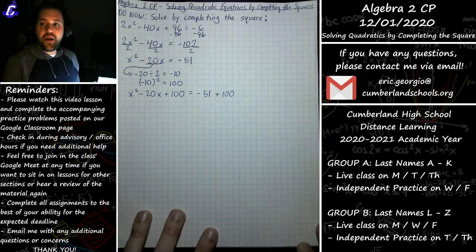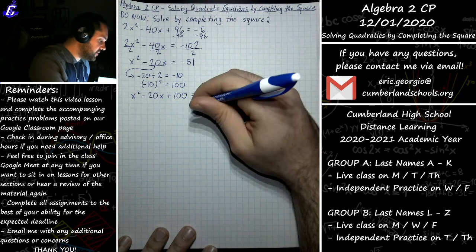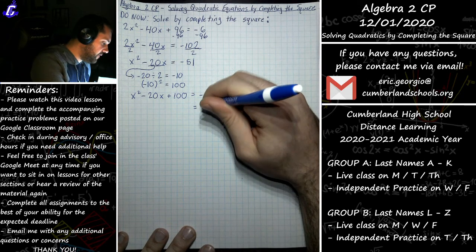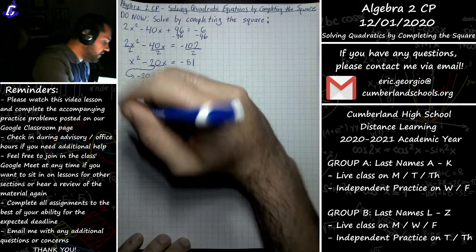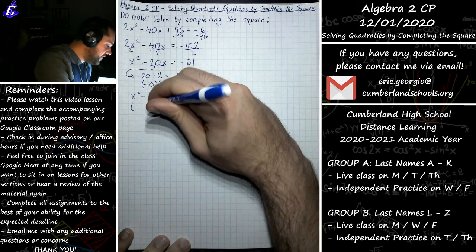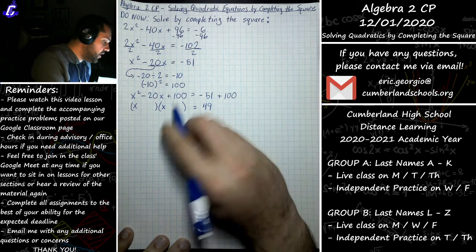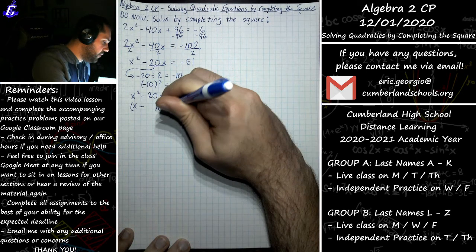From there, we're now able to factor on the left and combine like terms on the right. On the right side, negative 51 plus 100 is 49, which you might think to yourself, ooh, it's a nice perfect square. On this side here, I can factor this down. We need x and x to make x squared. We're multiplying to a positive number, but the middle is negative, meaning we need two minus signs.